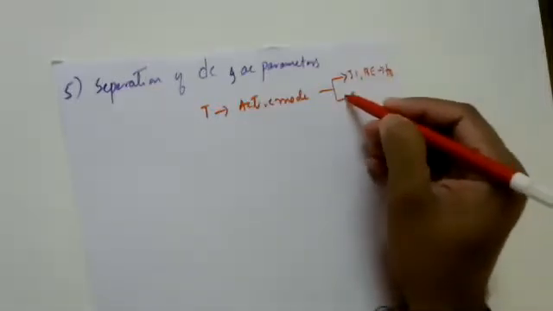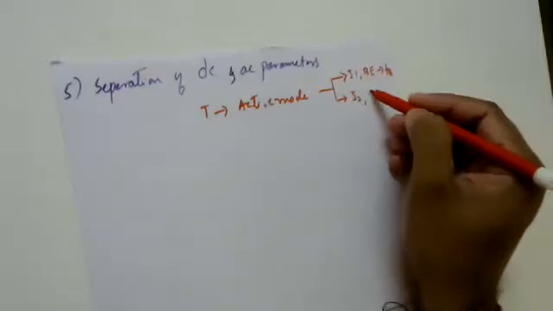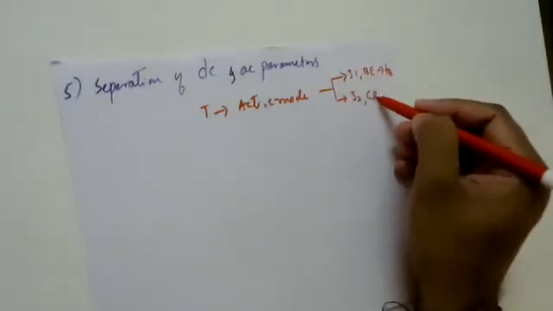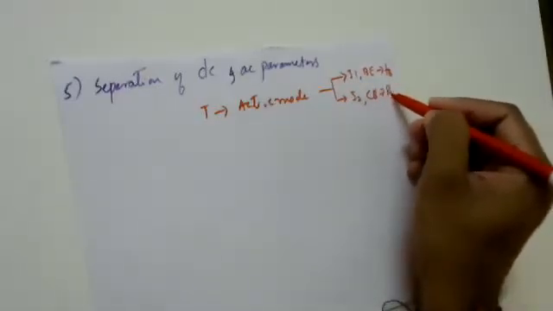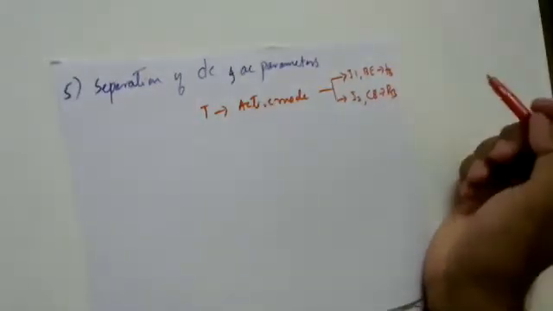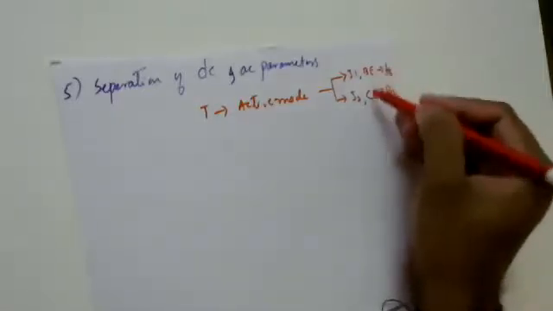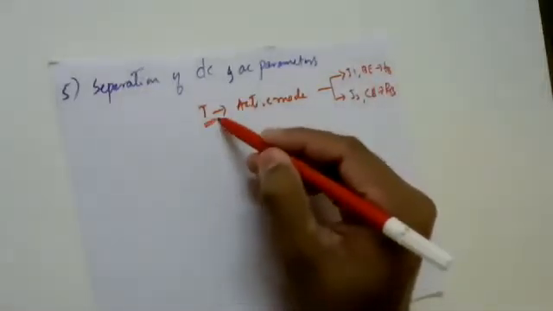My junction J2, which is the collector base junction, has to be reverse biased. If I'm able to do this, then my transistor will operate in an active mode.